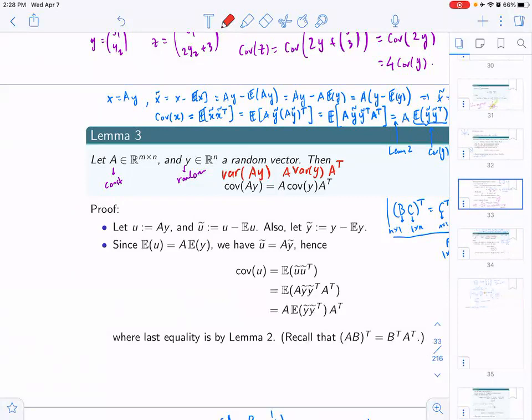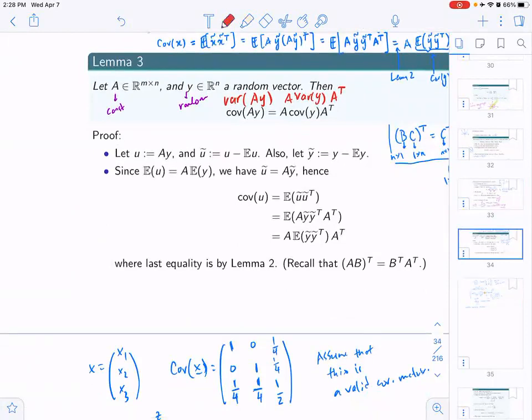In fact, we can define a cross-covariance matrix as the covariance of two vectors, let's say x and y, as the expectation of x minus expectation of x, times y minus expectation of y, transpose.